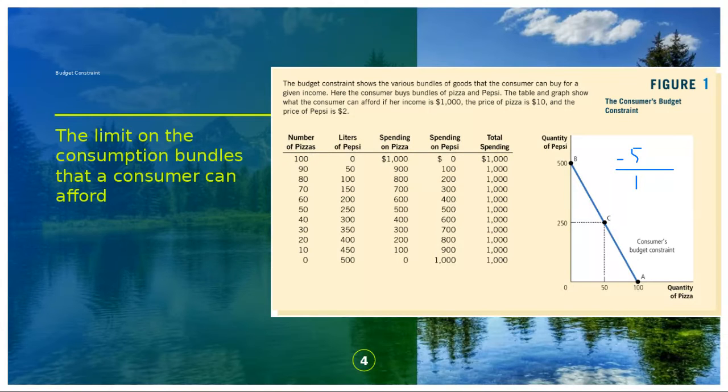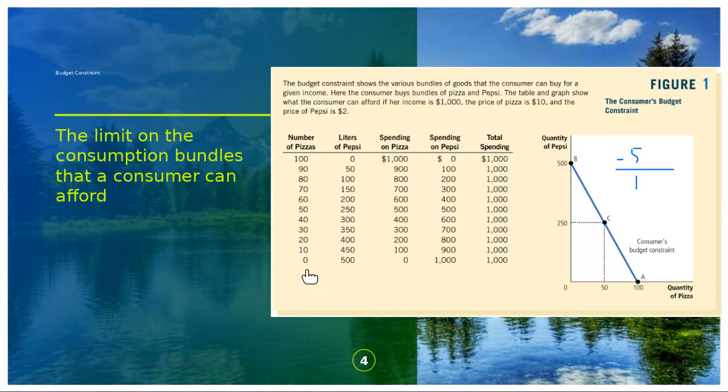So the slope of our curve is, as I said, our relative price, and it's telling us that one pizza is worth equivalently 5 Pepsis. So every time you choose to buy one less pizza, you can buy 5 Pepsis. We see a similar thing up here, right? If you decrease the consumption of pizzas by 10, that means you increase the consumption of liters of Pepsi by 50.